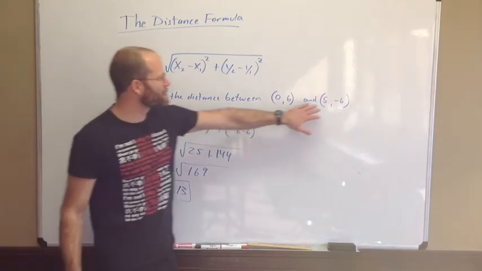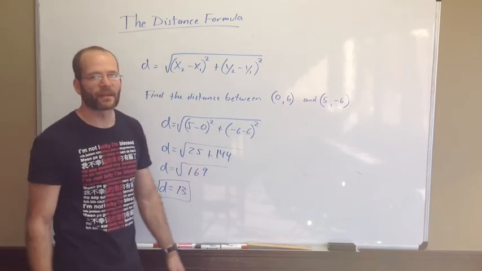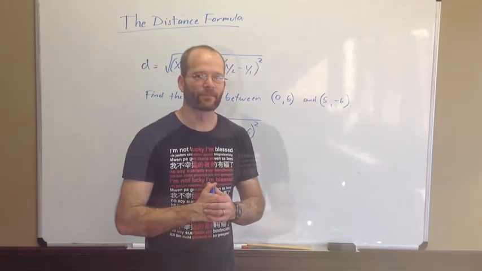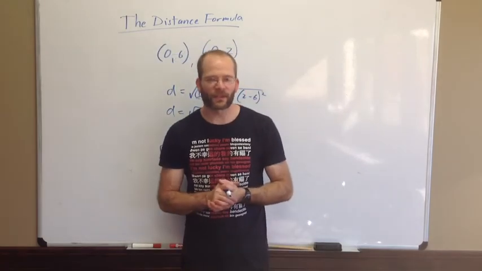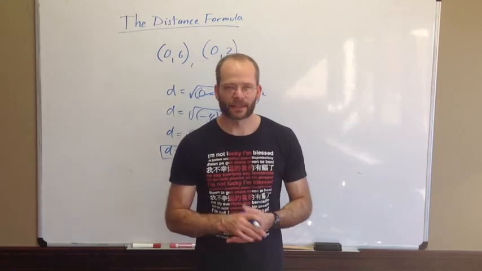So the distance between these 2 points is 13 units. Notice again it's a positive number, and it will always be a positive number when we use the distance formula. That's the distance formula. It works whether I'm dealing with vertical lines, horizontal lines, or any line in between. It's important to keep that in mind.